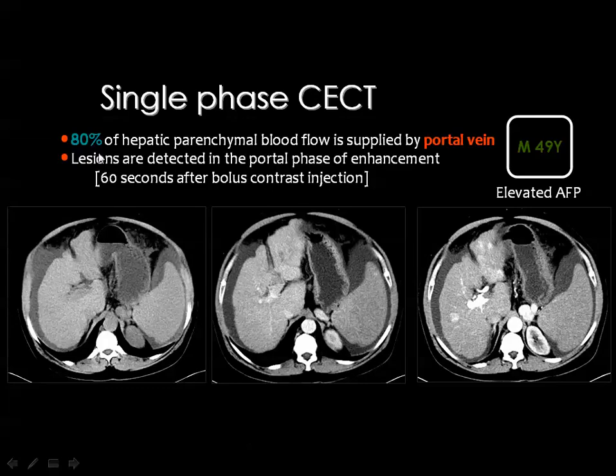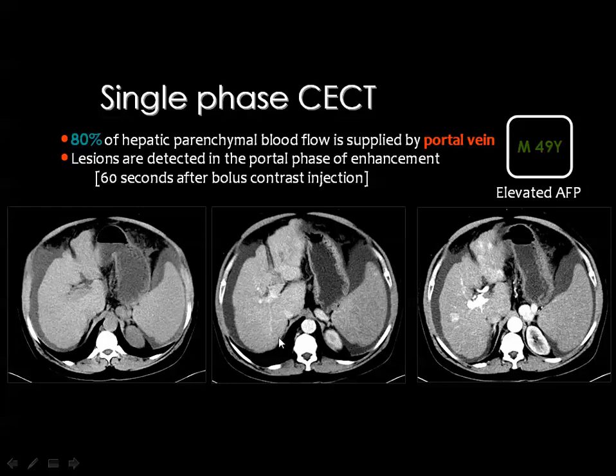Then this examination, which was known as the single phase contrast enhanced CT scan, was performed by obtaining a pre-contrast scan for the liver. Then we inject the contrast media intravenously, and we scan the liver once more. If you look here, you see that the liver is cirrhotic, the spleen is enlarged, and there is some ascites.